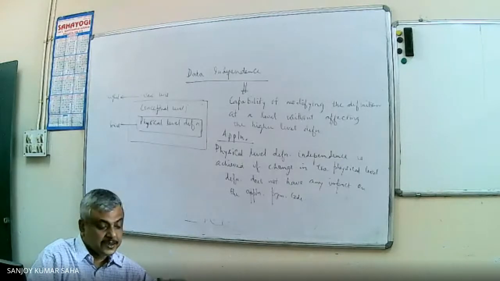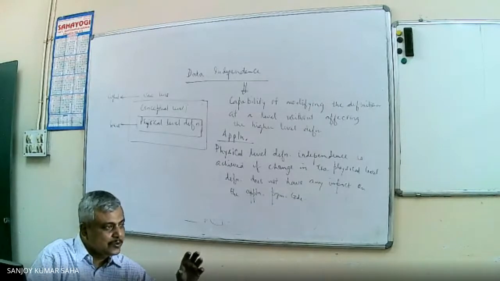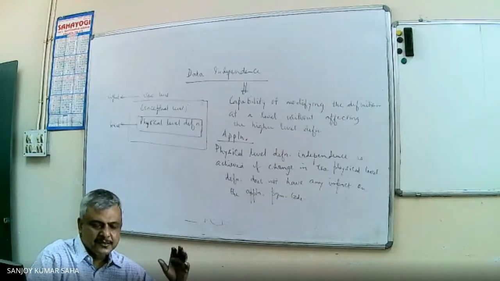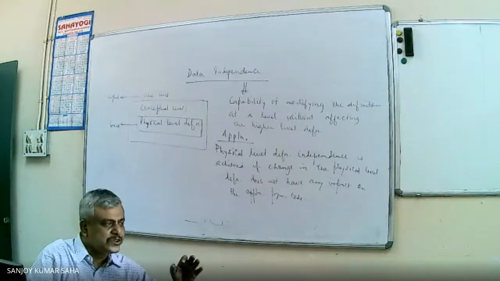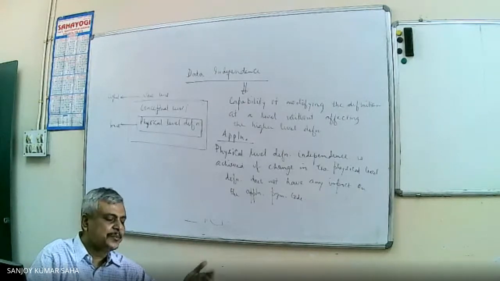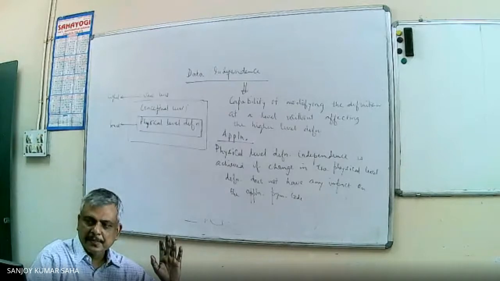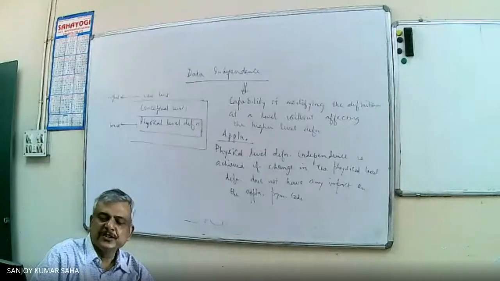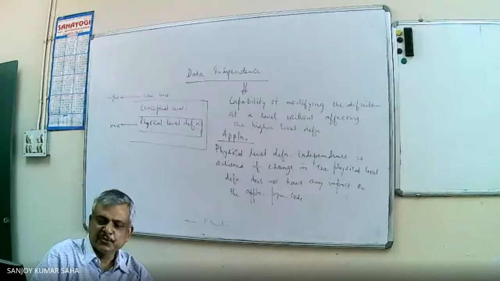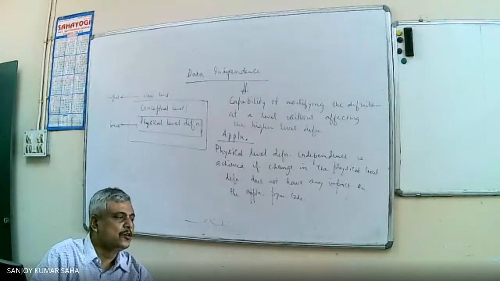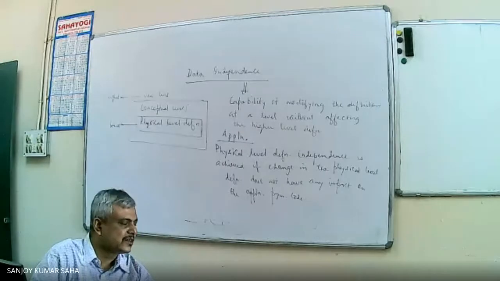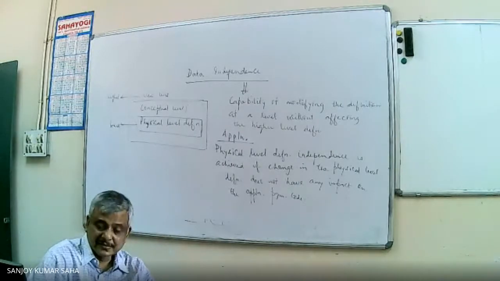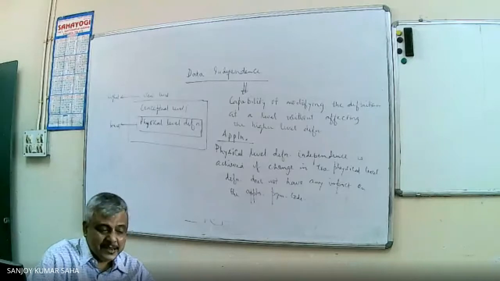That is the physical level definition. Based on that, I have written the code to traverse all the things. The program will not be changed, even if this array becomes a linked list. So if we can change the physical level definition but the application program code remains unaffected, then we can say that we have achieved physical level definition independence.